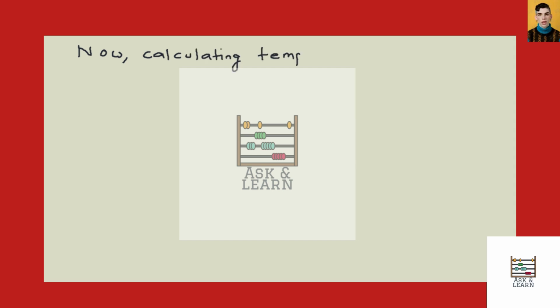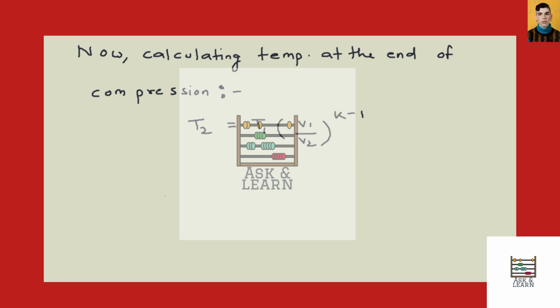Calculating temperature at the end of compression, we will use this formula. So T1 is 70 degree and V1 by V2 is 22.